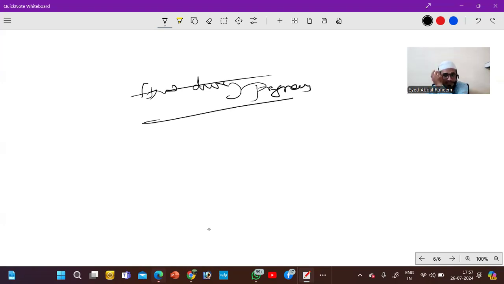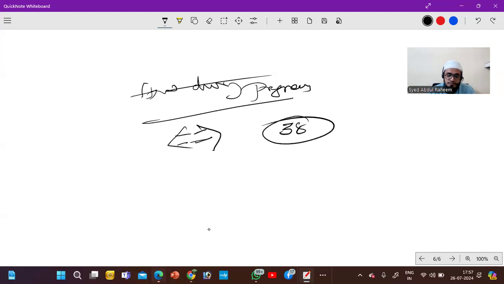Or contraction of the placenta, damage of the placenta, before the normal nine-month pregnancy, before 38 weeks. So these are the reasons behind the hypertension.